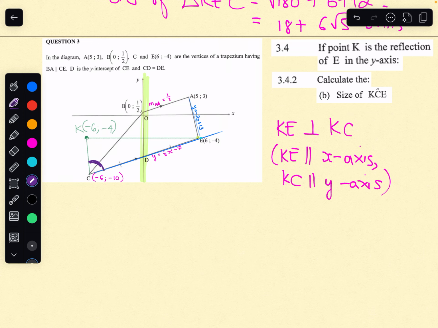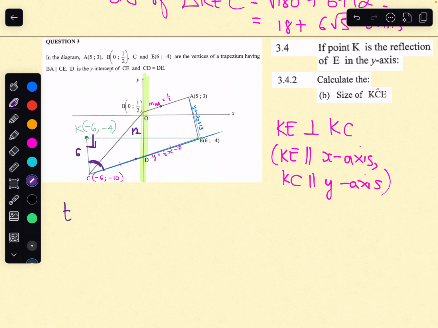So this we know is 6 units, and KE we know is 12 units, right? And this we just said is a 90 degree angle. So which ratio would we use? Well, this is our hypotenuse, and this is our opposite, this is our adjacent. So that would be tan, opposite over adjacent.